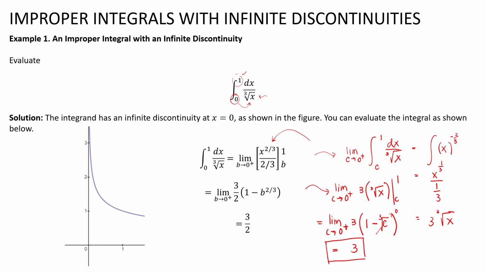It's discontinuous at 0. So that means if you try to plug in values lesser than 0, the answer will be indefinite, or it won't give you a value for your improper integrals.